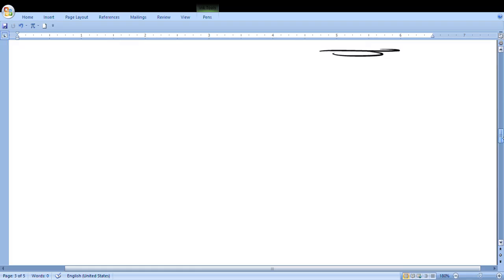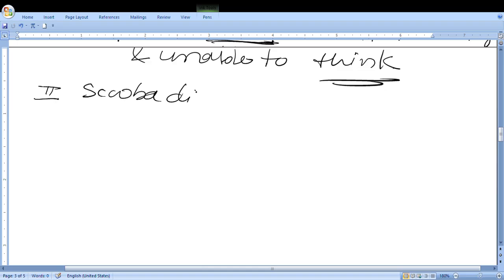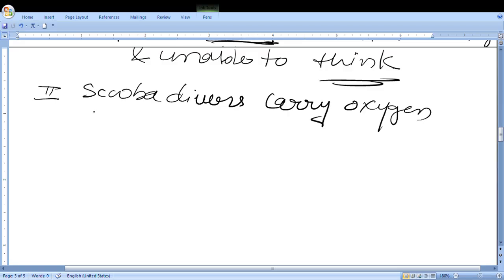The third application of Henry's law is scuba diving. Scuba divers carry oxygen cylinders.